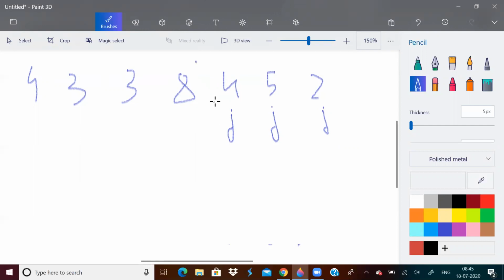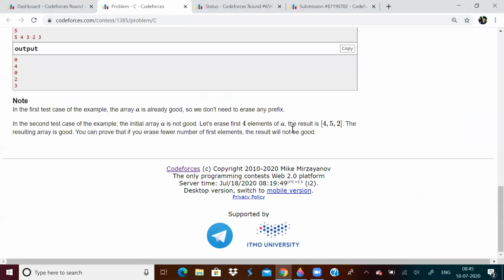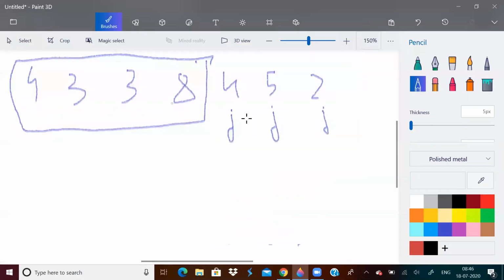See where it has stopped. It has stopped here. That means these elements should be removed, and that is exactly what we want. You can look at the explanation also: we need to remove the first 4 elements. What did we do over here? We are checking for that mountain array, that peak.